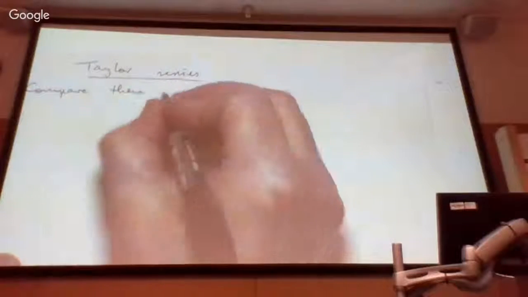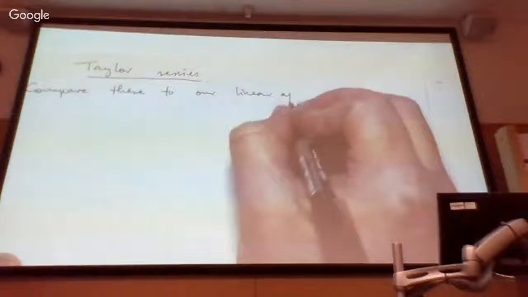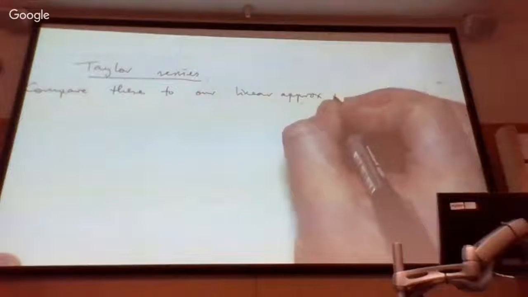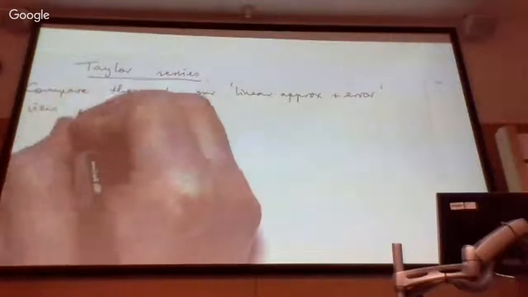But what we will do is compare these to our linear approximation plus error view of the derivative.